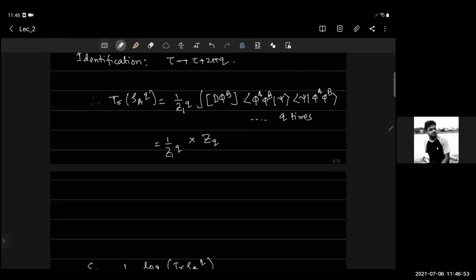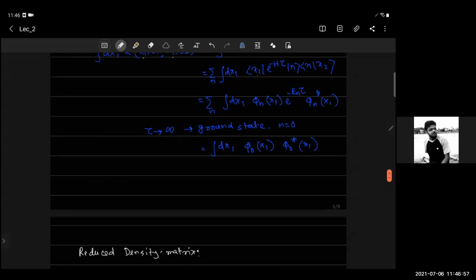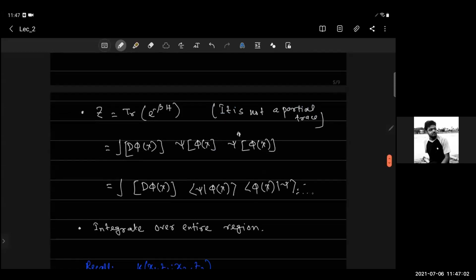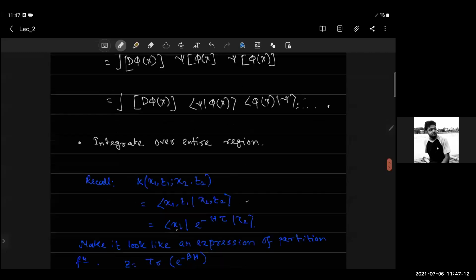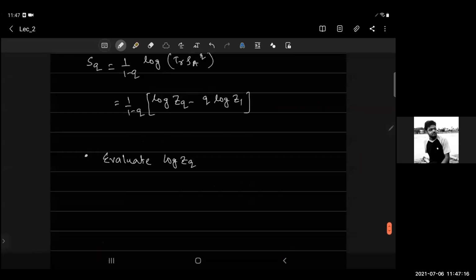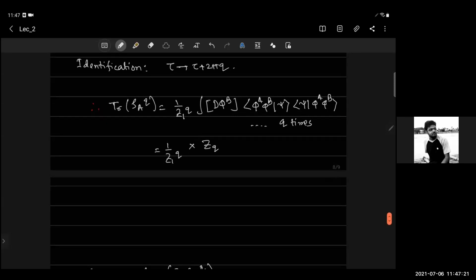Looking at the expression of the partition function, you get the multiplication of this thing q times, where phi is phi b, because the b region is only integrated over. Therefore, you can write trace of rho a to the power q as the partition function on this q fold cover divided by the partition function on a single sheet raised to the power q.